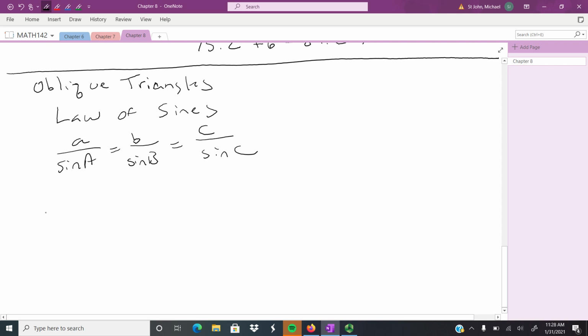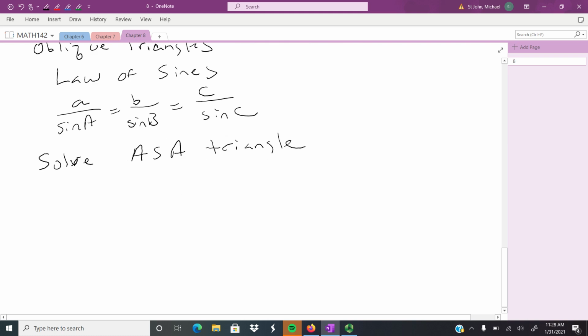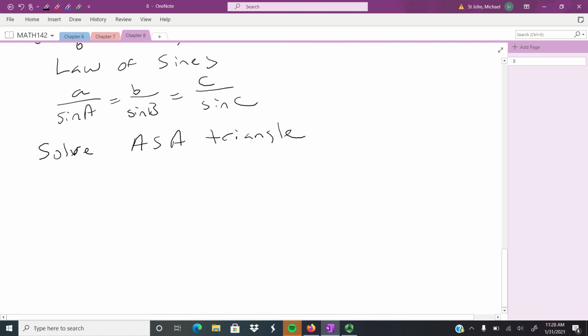So let's first solve one of these, an ASA triangle. So this is angle, side, angle. We know what that means. So let's say we have A is 100 degrees, B is 43 degrees, and c is 12.